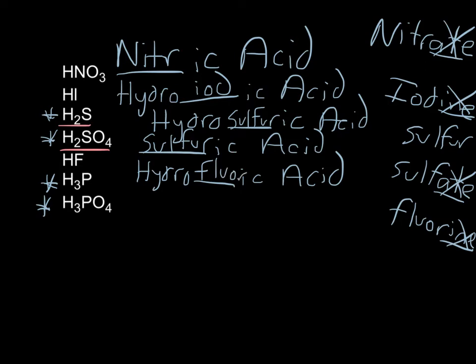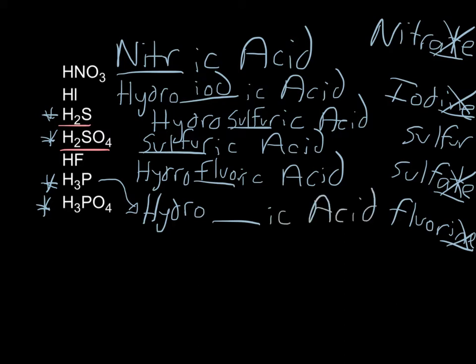Hydrofluoric acid. After that, I've got H3P. Make sure that you know which one I'm naming. There's no oxygen, so it's going to be hydro-something-ic acid. And so we have phosphorus. We have phos for us. Hydro-something-ic acid.